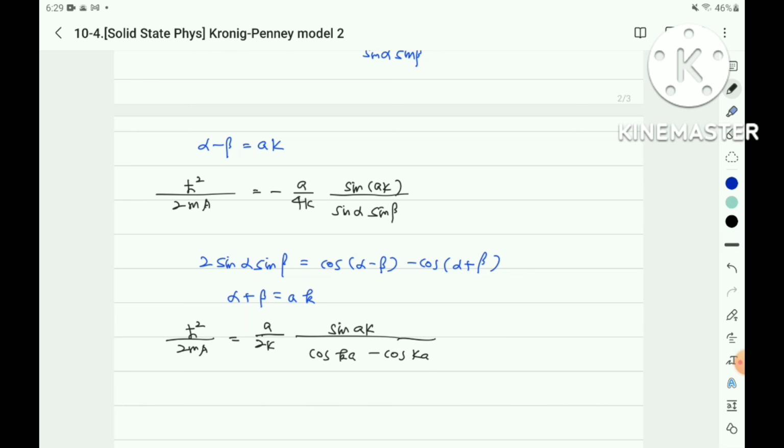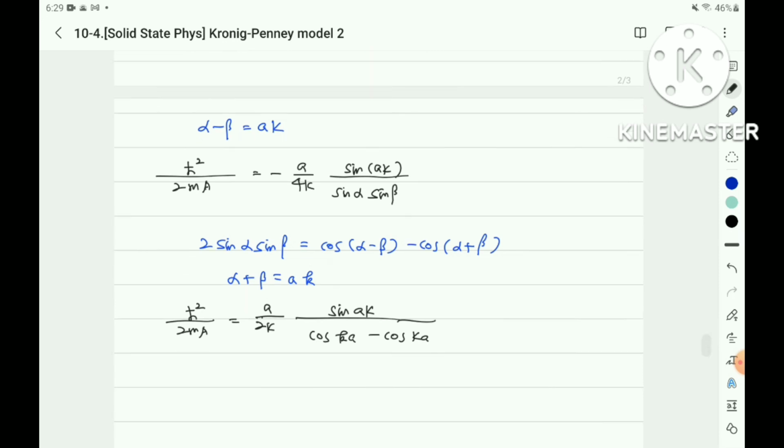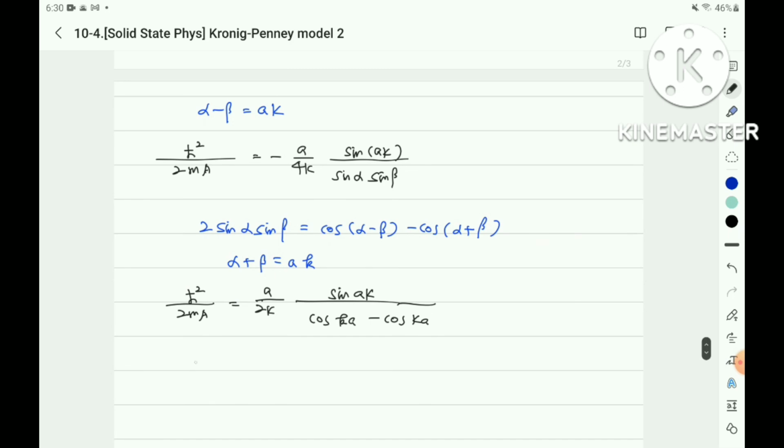Then it can be written down as ma a square over ka h bar square sine ka equal to cosine ka minus cosine ka.